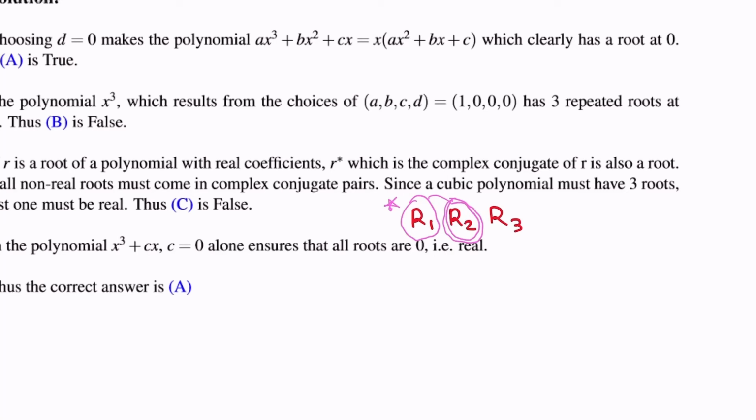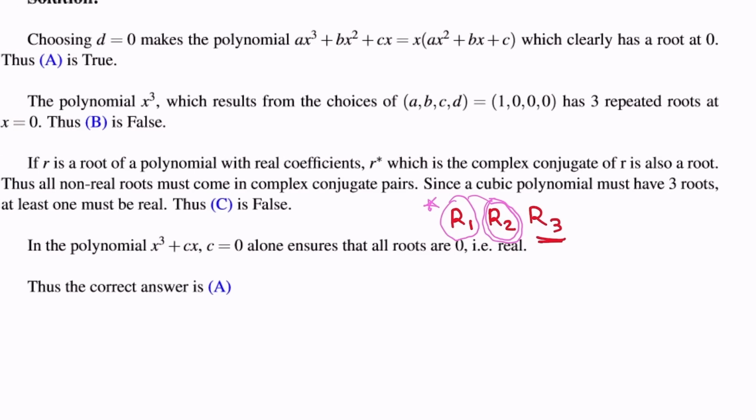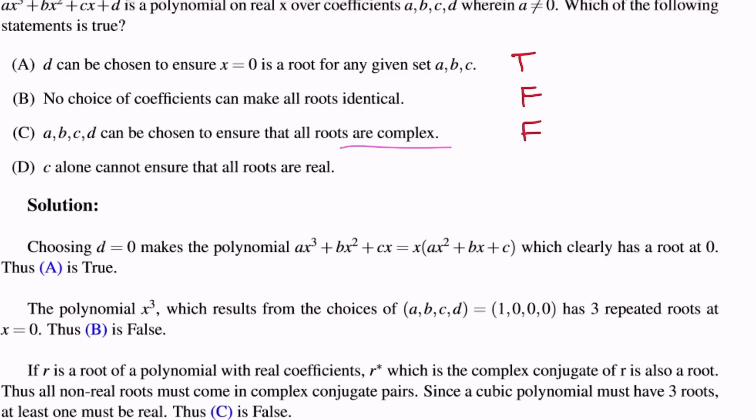So therefore, it cannot be that root R3 is complex. It has to be real, because complex roots must come in conjugate pairs. And since R3 doesn't have a conjugate pair, it must be real. Thus, we can see that option C is also false.